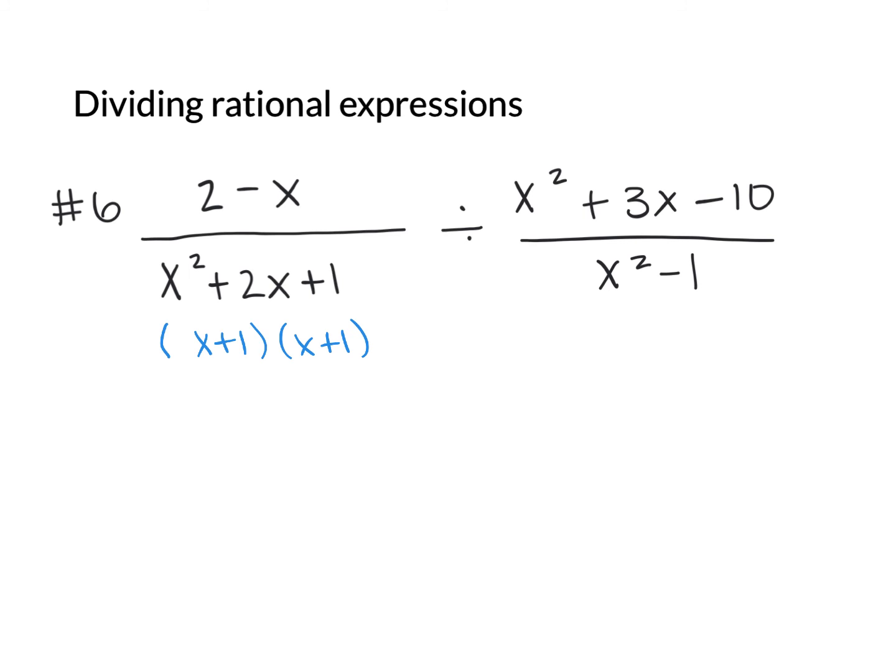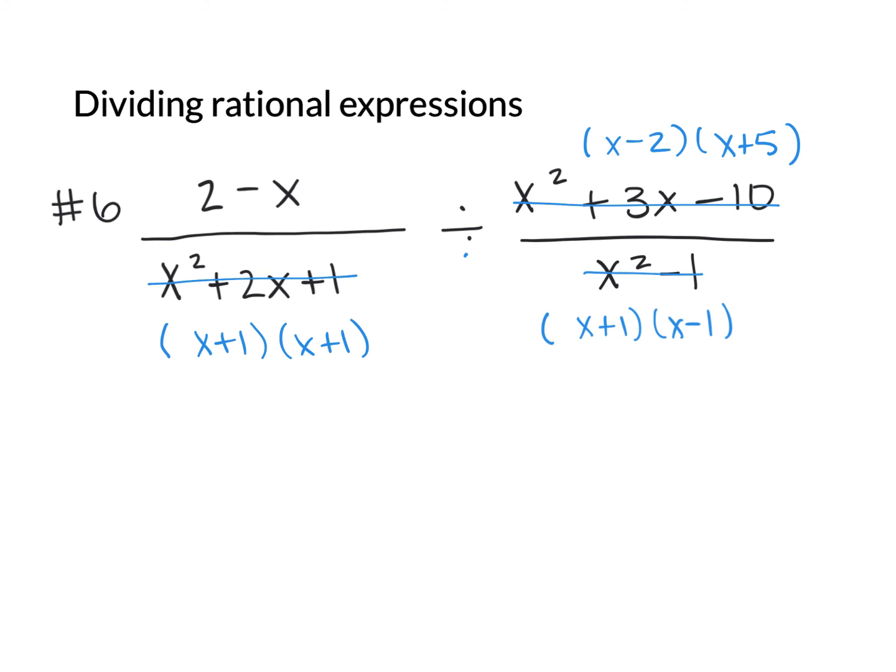Let's see, is it going to be x minus 2, x plus 5? Yes, that would be right. And then down here we have x squared minus 1, so that breaks down to be x plus 1, x minus 1.